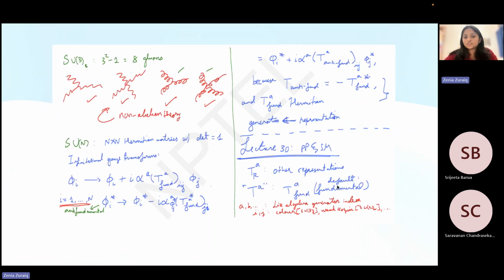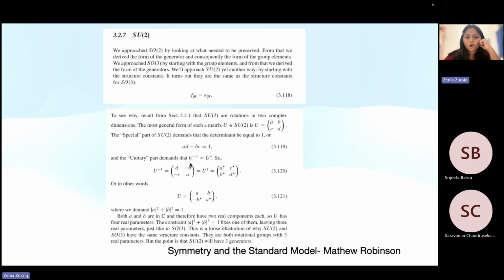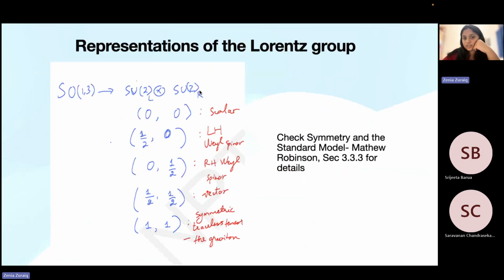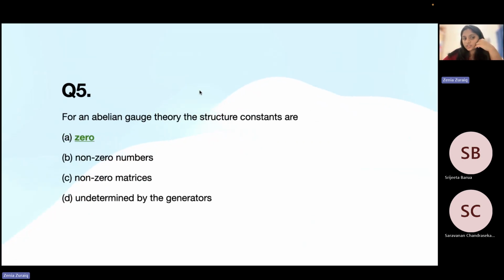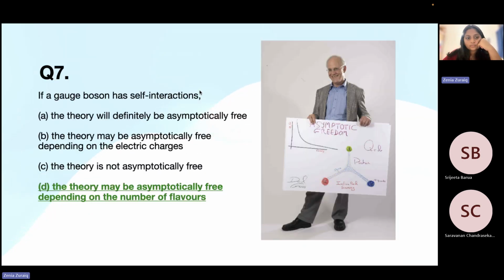So basically, adjoint is like the default or fundamental representation, and all the representations will obey this. If you construct the representation using the structure constants themselves, that is going to be a set of three 3 by 3 matrices. In order to get Pauli matrices and other things, you have to be in some other representation. That's the idea.